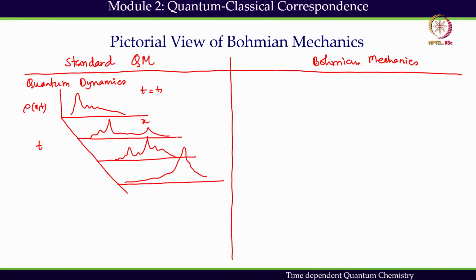What we are seeing here, if we look at it carefully, with the help of standard interpretation of quantum mechanics, we have to present it in terms of density. That is the only way I can have interpretation of the wave function. And we see that at different times, this is t equals t2, this is t equals t3, this is t equals t4, the densities are changing.